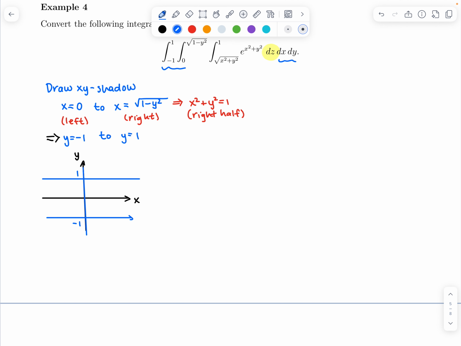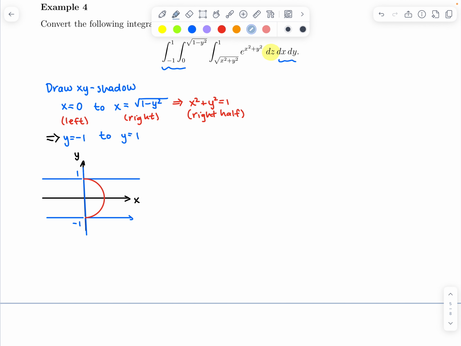So I'm going to draw the full circle, but I'm only going to work with the right half, so I can go back in and erase this piece and this piece. There, now it's gone. I now want to make sure that I shade the correct region.